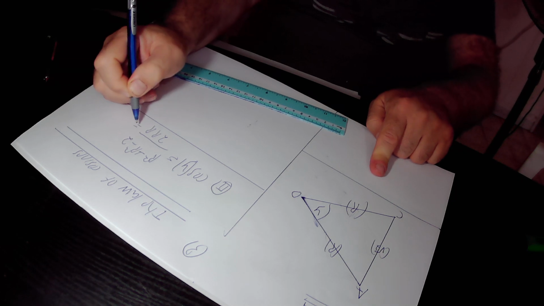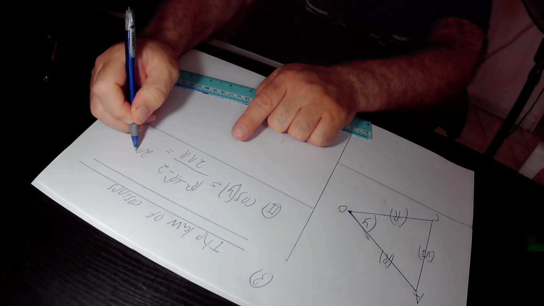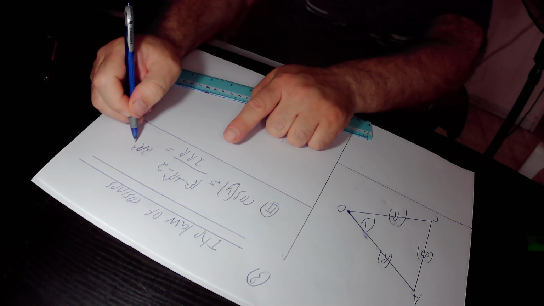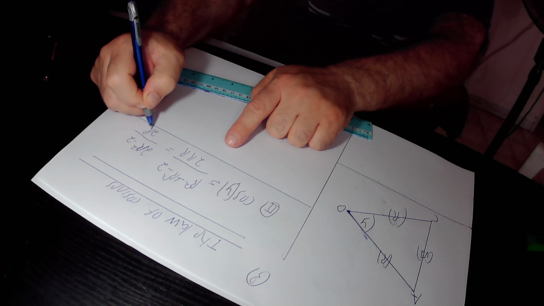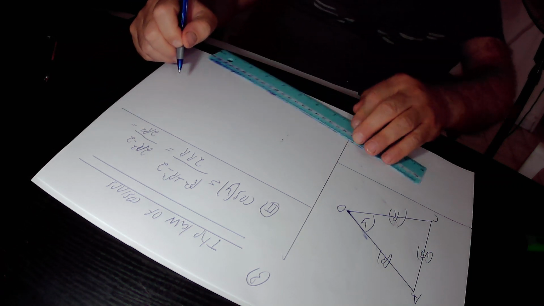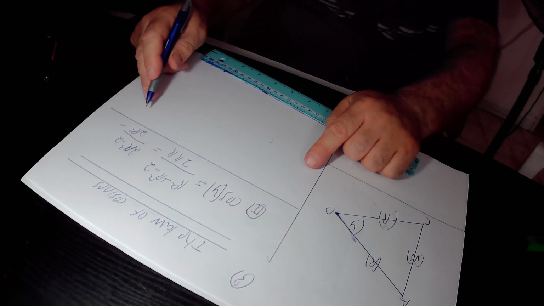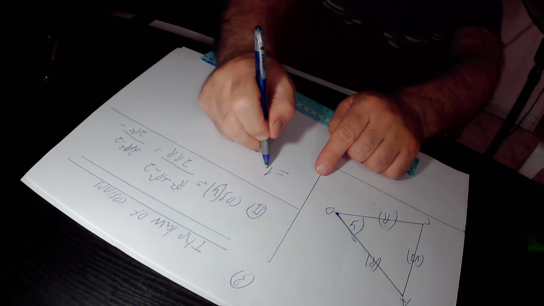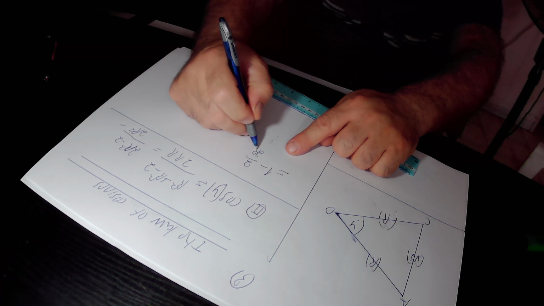So R squared plus R squared is 2R squared, so in the numerator of this expression we have 2R squared minus 2, divided by 2R squared. So cosine y equals 2R squared over 2R squared is 1, and we also have minus 2 over 2R squared.